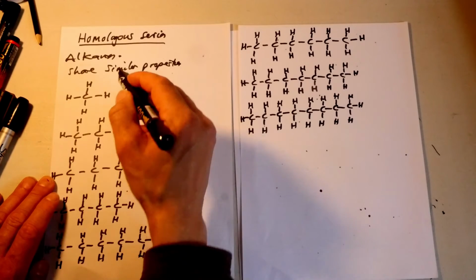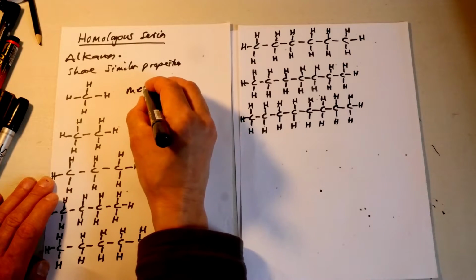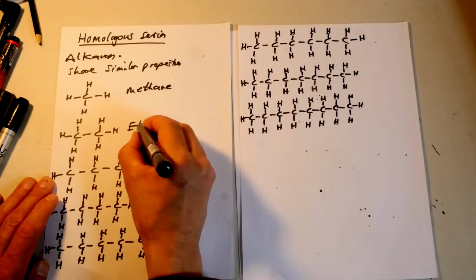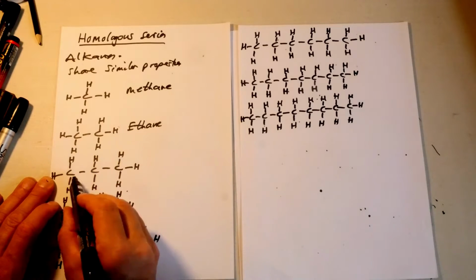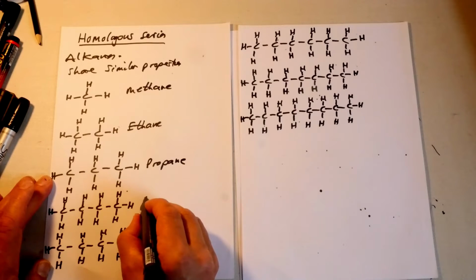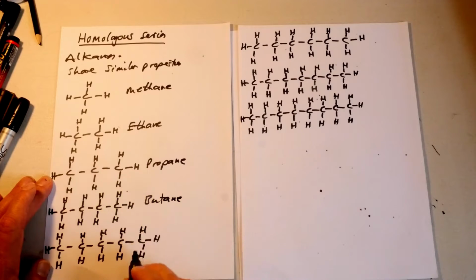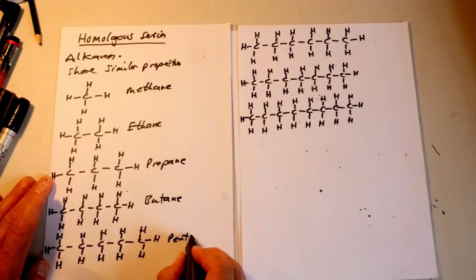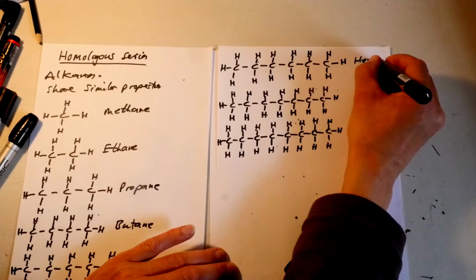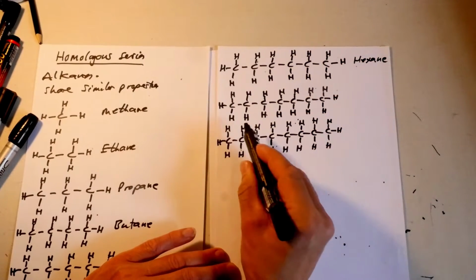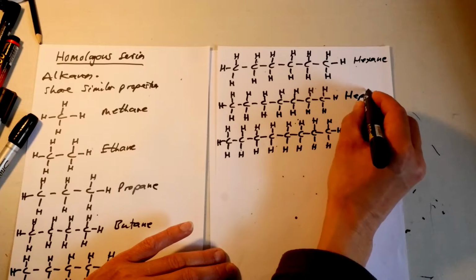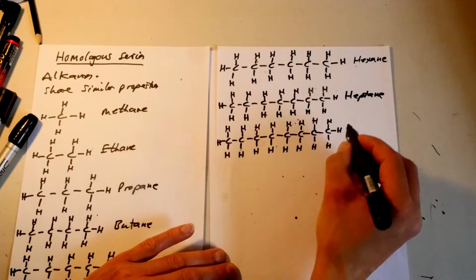The names are, one carbon is methane, then two carbons is ethane, and three carbons is propane, then butane, that's pentane, that's hexane, and then that's heptane, that's 7 carbons, and this is octane, 8 carbons.